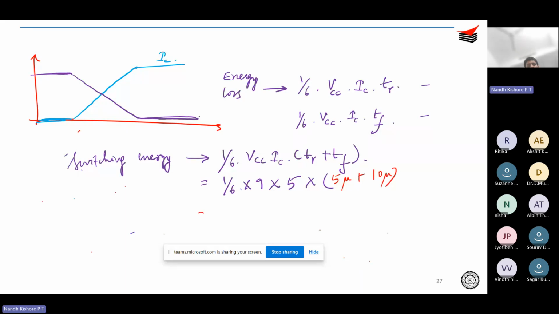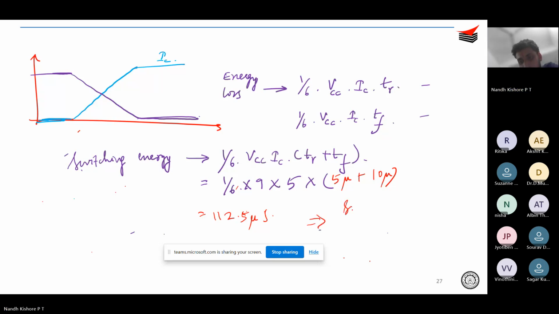So what does it turn out to be? 112.5 microjoules.